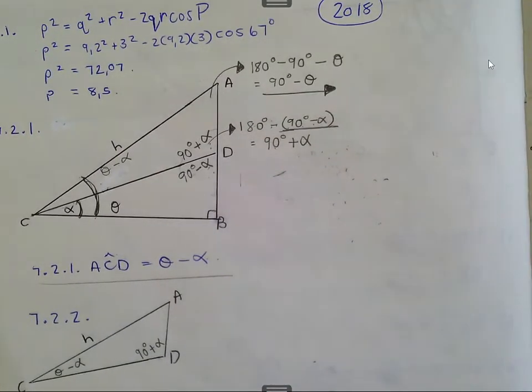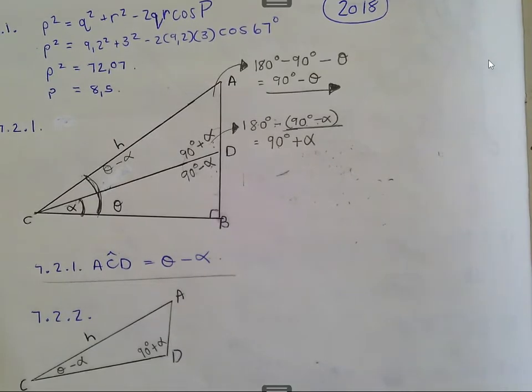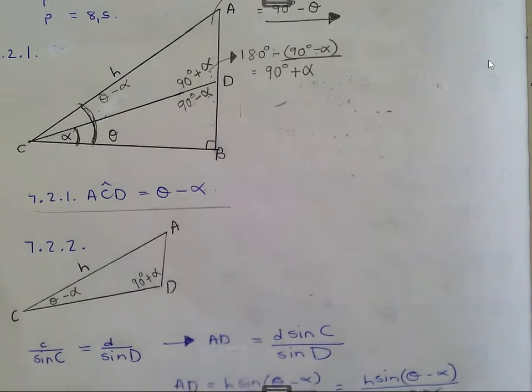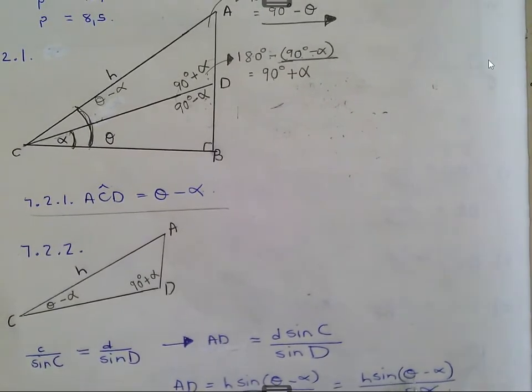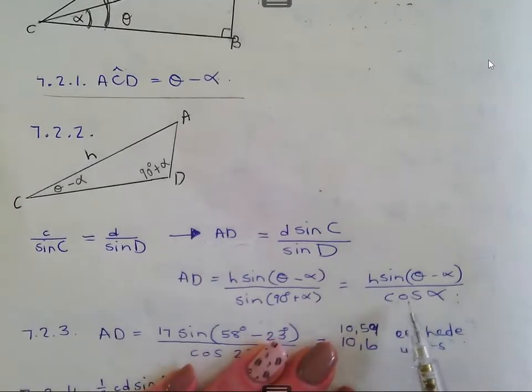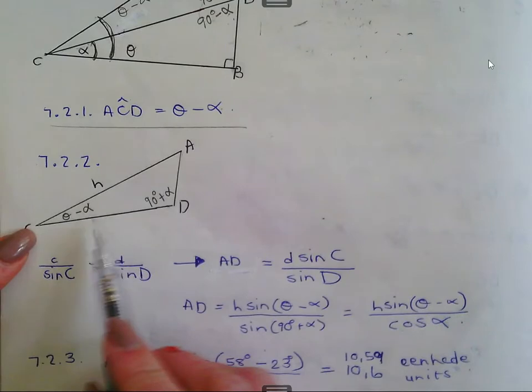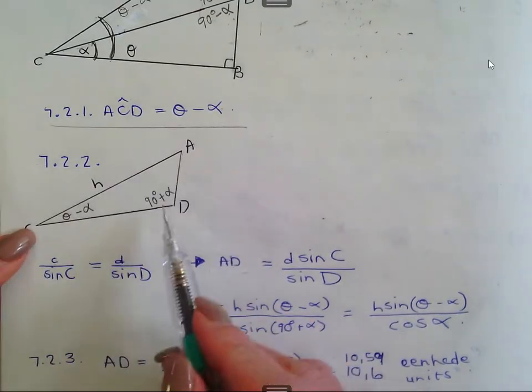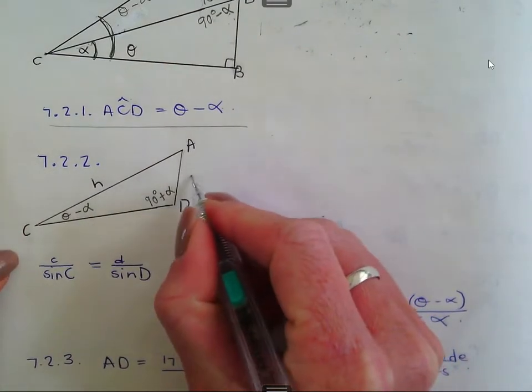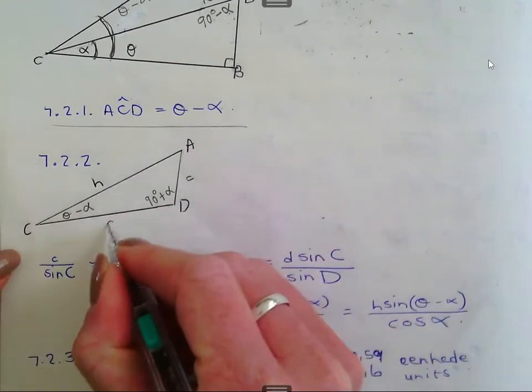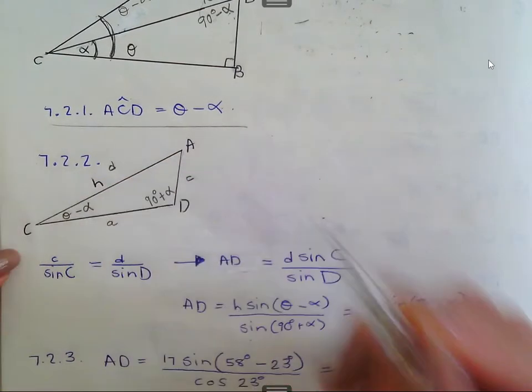Now the second one asked you to find or to show that the length of AD is h sin(theta minus alpha) over cos alpha. There it is. Alright, so AD is part of this triangle. That's why I only drew it alone here. I put in my small letters. This is small letter c, small letter a, small letter d.